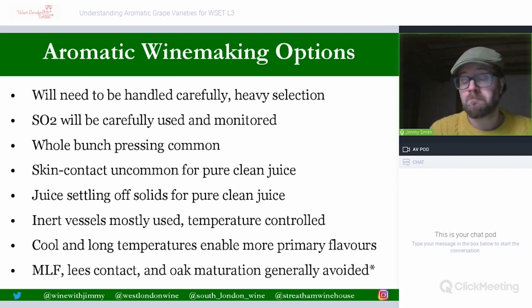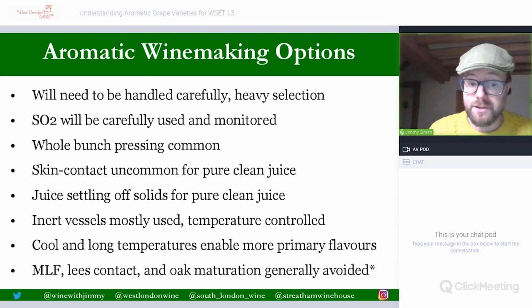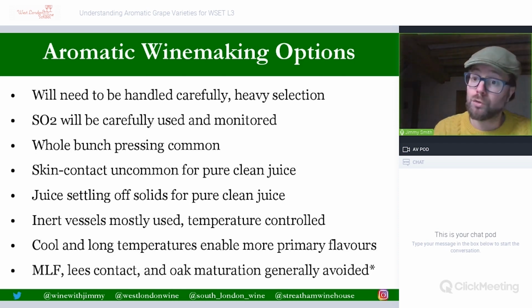Lees contact can be avoided, it often is, but with some varieties, like Riesling, for instance, you may find some lees contact for more texture, but it completely depends. So lees contact will tend to be avoided, but of course, oak maturation will generally be avoided as well because of the oxidation.